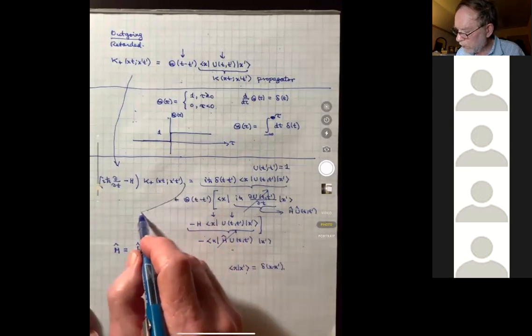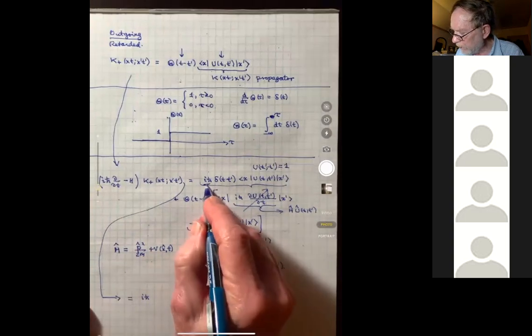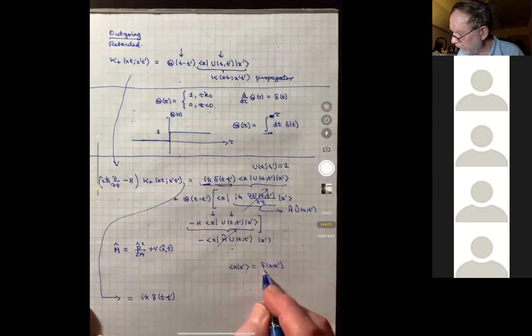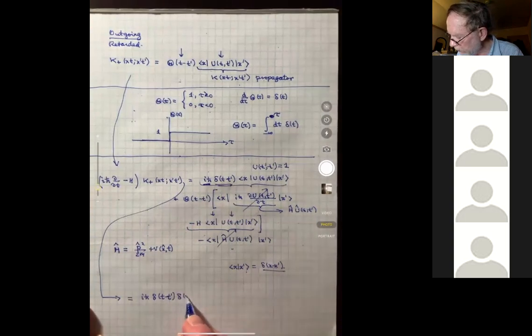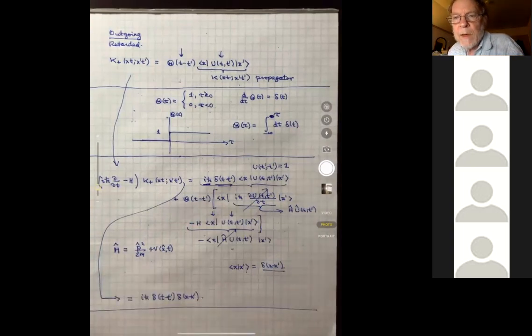So the right-hand side of this becomes equal to i h bar from here, that part, times the delta function in time, t minus t prime, which is that part, times the delta function in x, which is the rest of it. And that was the defining equation for a Green's function. And so we see that this K plus defined in this manner actually is a Green's function for the time-dependent Schrodinger equation.